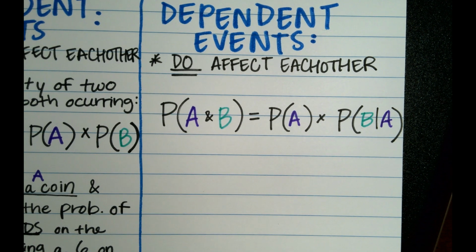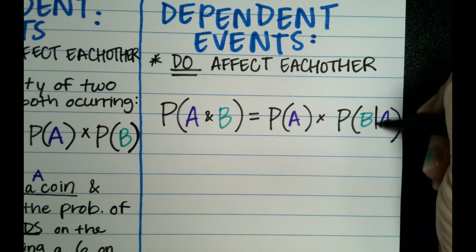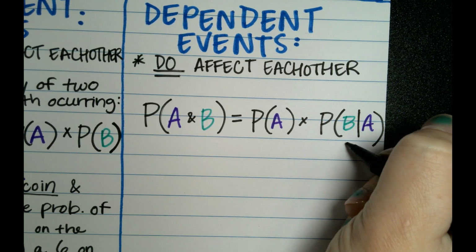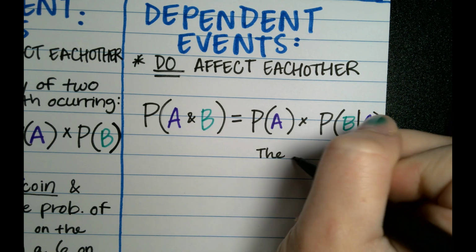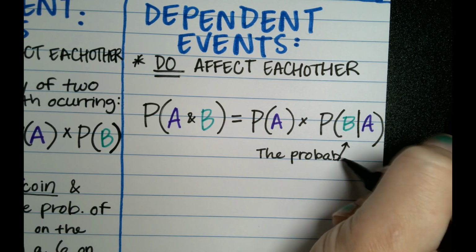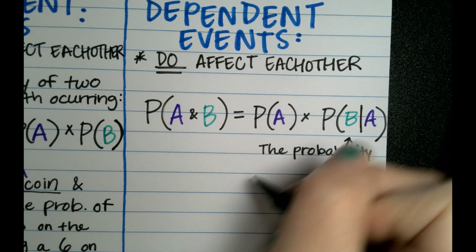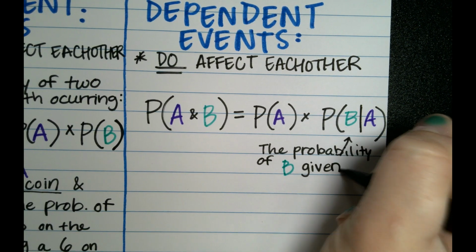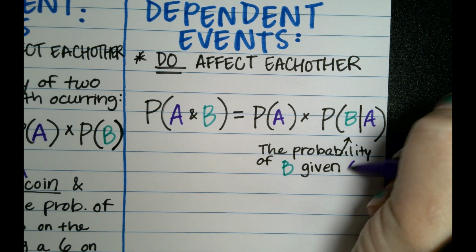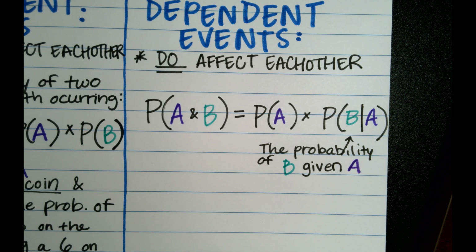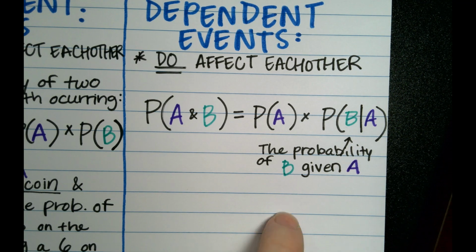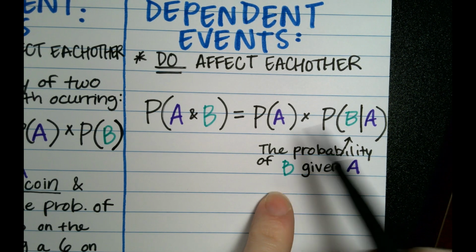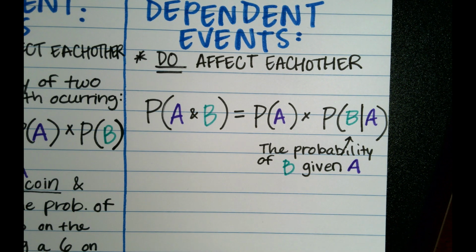And under it, so we don't forget how we say it, I'm going to write, this is the probability of B given A. We're saying that we need to find the probability of the second thing happening, given the fact that the first thing, A, has already happened.